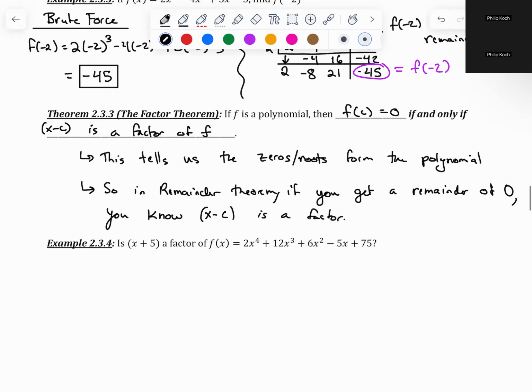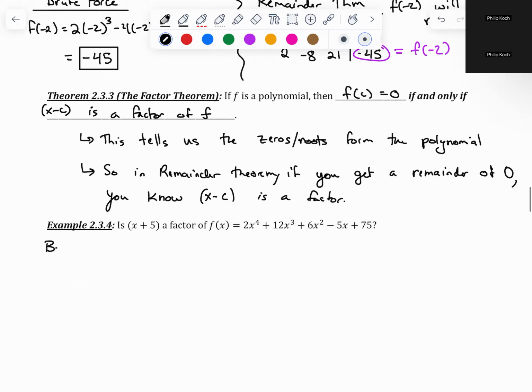So by the factor theorem, if x plus 5 is a factor, then f of -5 would equal 0.